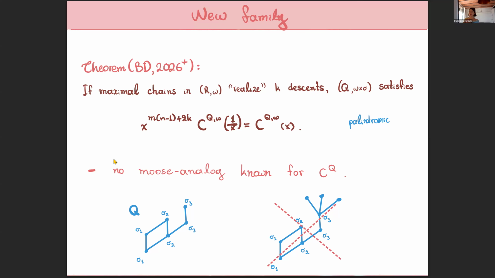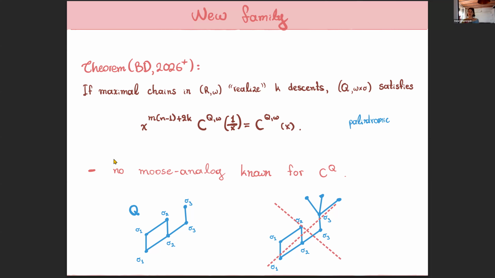And in particular, we couldn't get something like the moose poset analog here for this case. So we couldn't get to view this dissonant Canon polynomial as an eulerian polynomial of one single poset. That would be very nice if it was the case, but it's not, even though it is palindromic.